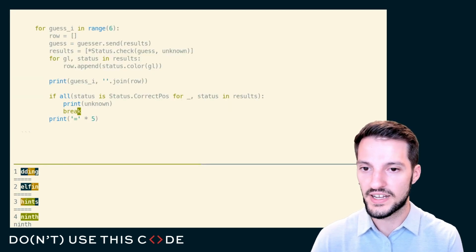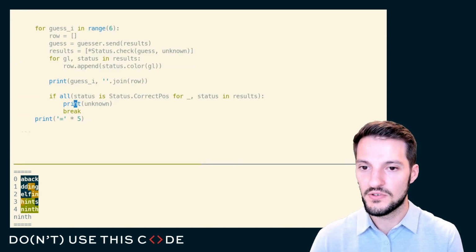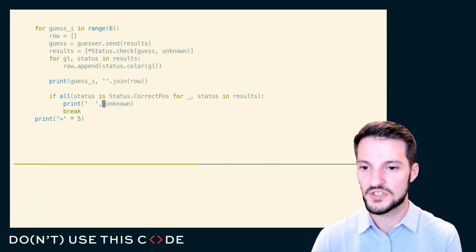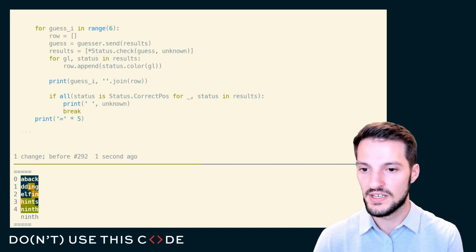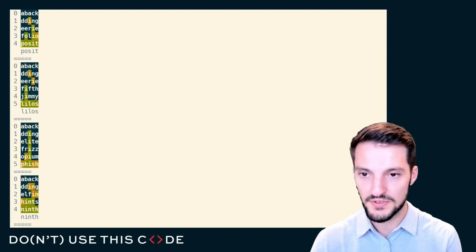Okay, and I need to move that out one, to separate the games, not each row. And then when I print the unknown, I'll print 1 empty space before, just so it lines up with everything, because these are space separated. And there we go. We have played 10 games of Wordle.